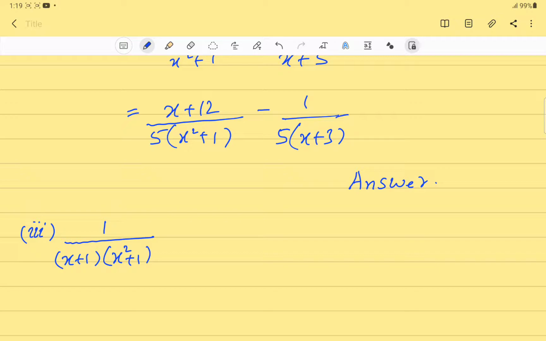So we can go ahead and form the partial fractions. We have two factors in the denominator. The first one is linear factor. The second one is quadratic factor.